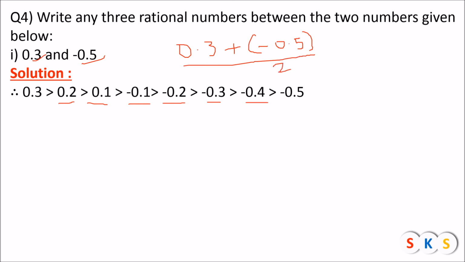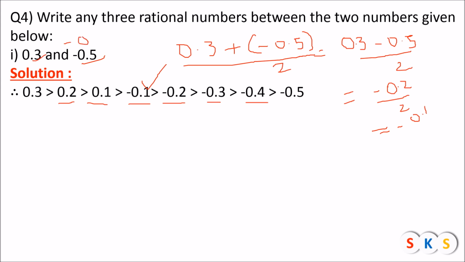So 0.3 plus minus 0.5 upon 2. 0.3 minus 0.5 gives us minus 0.2 upon 2, and if we divide minus 0.2 by 2, we will get minus 0.1, and you can see that number is over here. So the number between these two is minus 0.1.